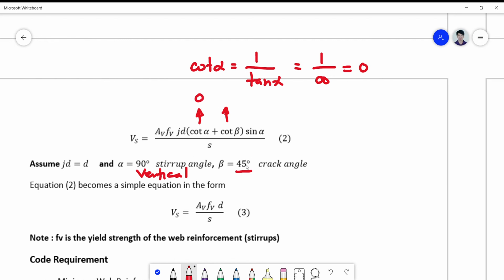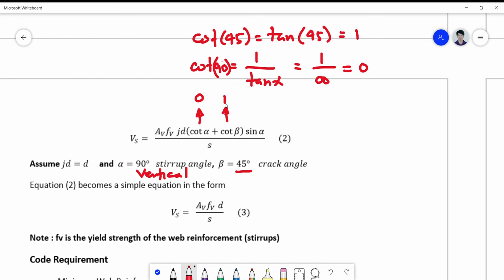Cotangent of 45 degrees is equivalent to the tangent of 45, which is equal to 1.